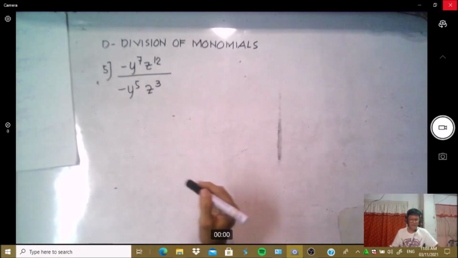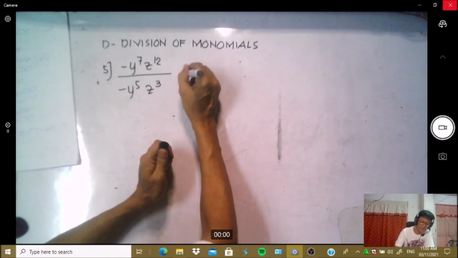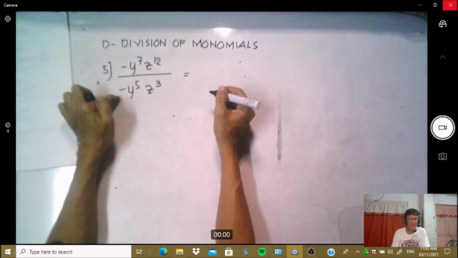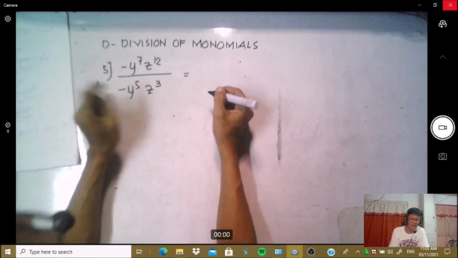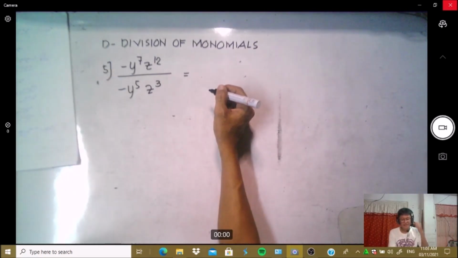Okay. So I will solve it in two methods. We have negative divided by negative is positive. So we can neglect that one.